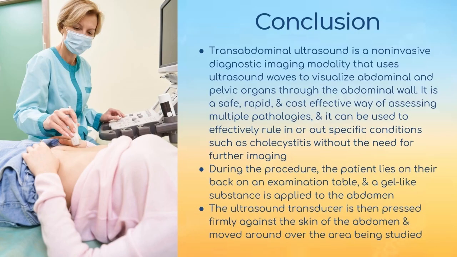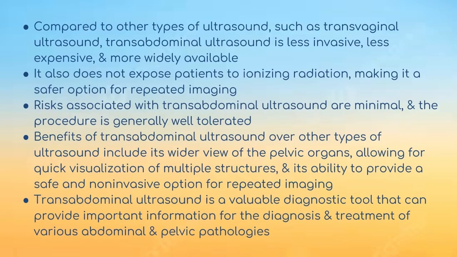During the procedure, the patient lies on their back on the examination table, and a gel-like substance is applied to the abdomen. The ultrasound transducer is then pressed firmly against the skin of the abdomen and moved around over the area being studied. When compared to other types of ultrasound, such as transvaginal, transabdominal is less invasive, less expensive, and more widely available. It does not expose patients to ionizing radiation, making it pretty safe.